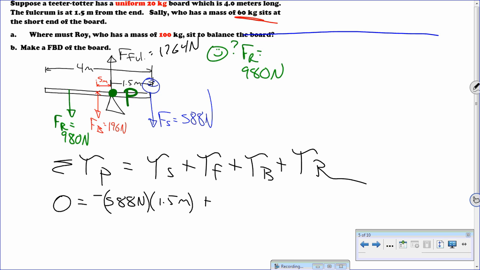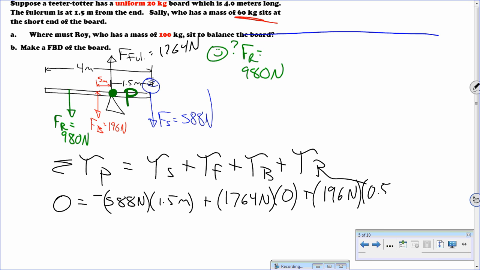All right, plus the torque from the fulcrum. Let's see, torque from the fulcrum is going to be the force of the fulcrum, 1764 newtons times, what's my D? 0. It's not going to provide a torque because my force is located at my pivot point. So neither positive nor negative. All right, plus the torque from the board, so that's 196, times what distance do I use? 0.5.